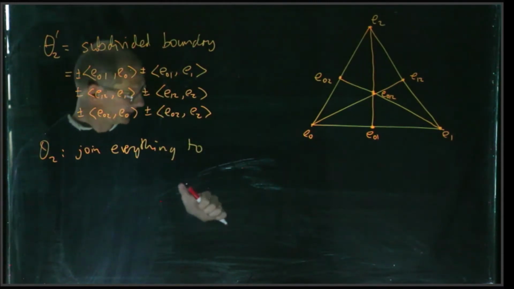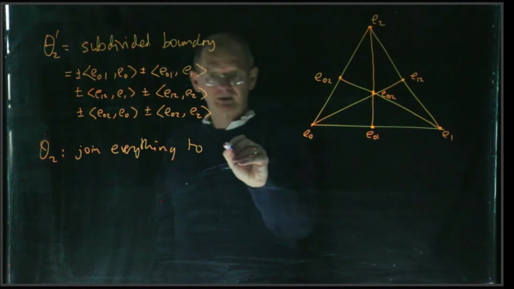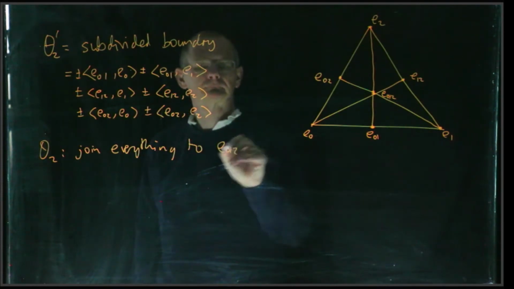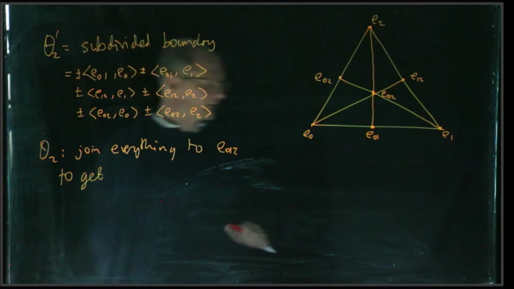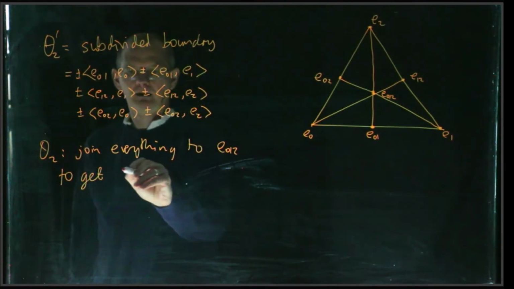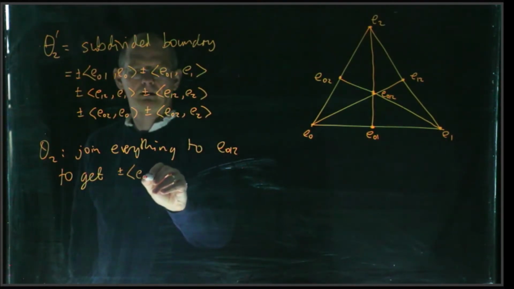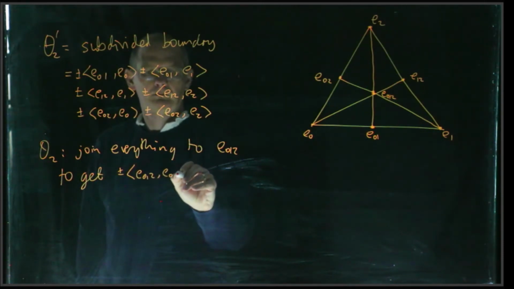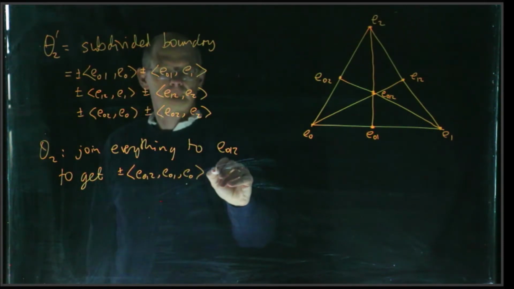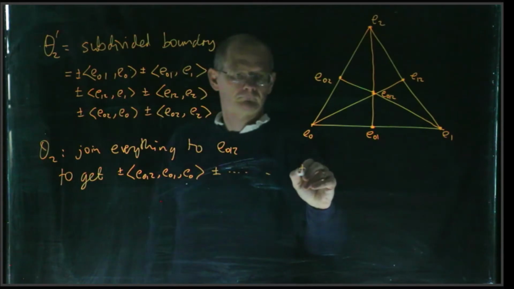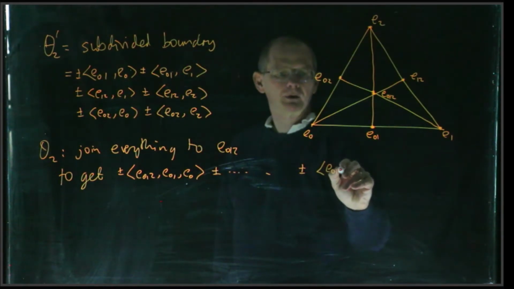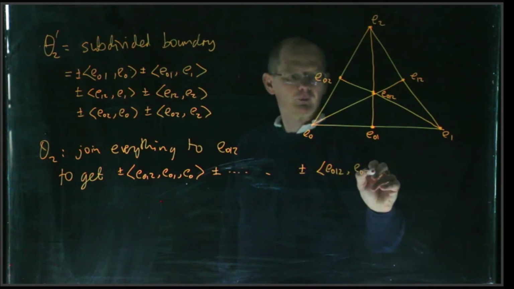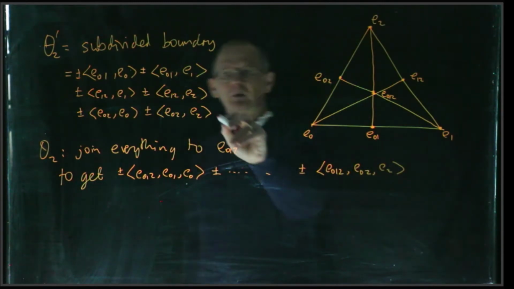And then for theta 2, we're going to join everything to E012. So we get 6 terms here, and you end up with E012, E02, E2, corresponding to this bit here.